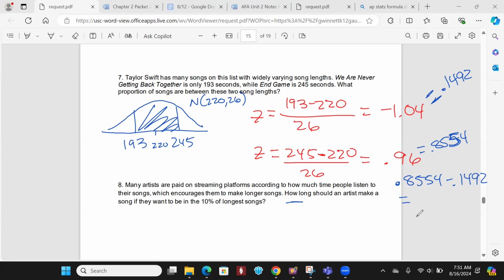So when you look at your table, you get 0.8315. Okay, cool. All right, so 0.8315 minus 0.1492. And what do you get? I got 68.25.